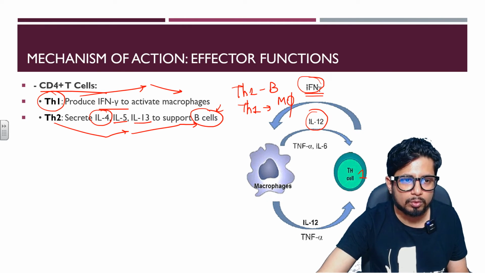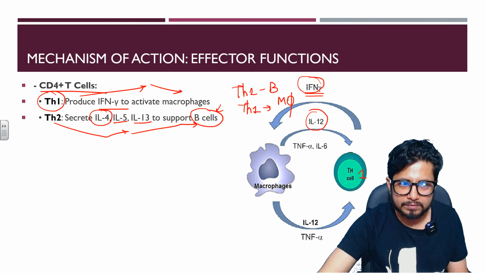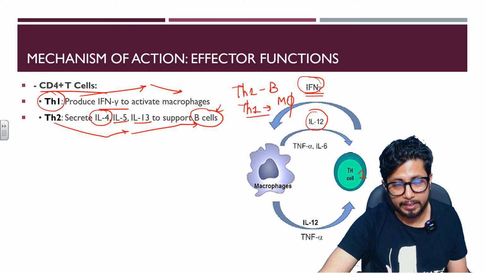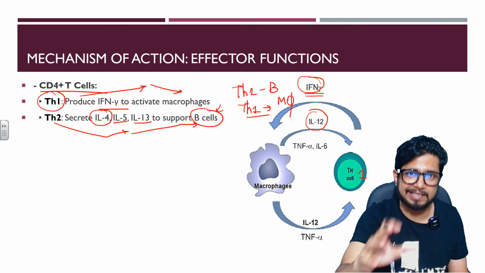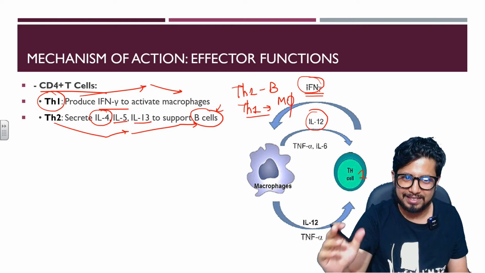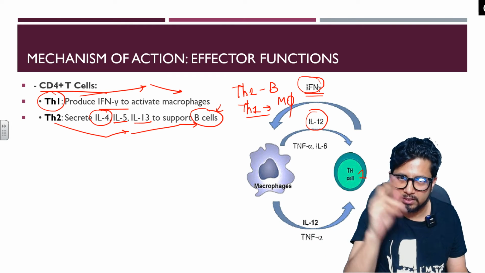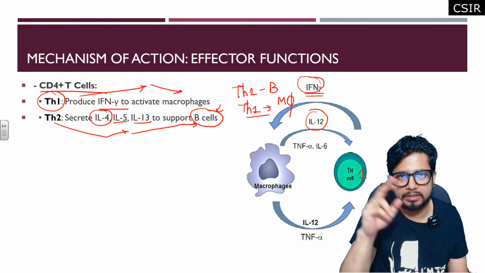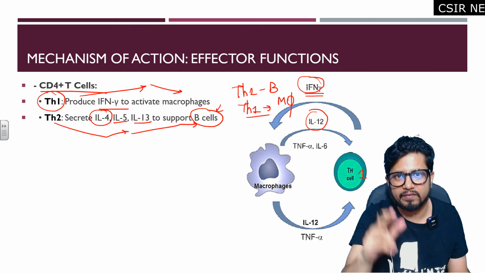T helper 2 includes interleukin 4, 5, 13. T helper 1 includes interleukin 12 and interferon gamma. If you remember this, you'll never ever confuse any other concept of immunology again. T helper 1 with macrophage, interleukin 12, interferon gamma axis, and T helper 2 with B cell, interleukin 4, interleukin 5 and interleukin 13.